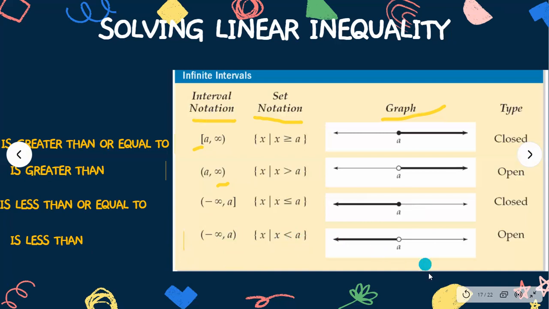And the graph, since it is less than, has an open dot. It is not included, and it still goes to the left. So this is what we will remember in solving linear inequality. Right? So, let's have an example.